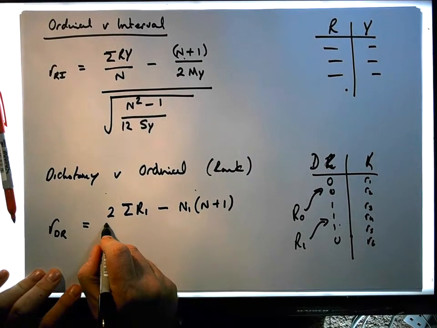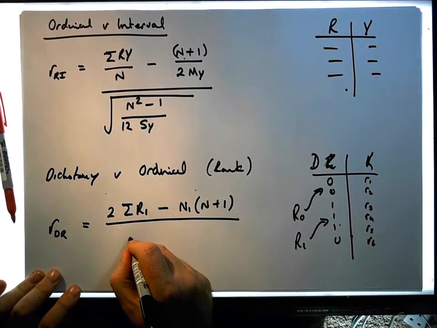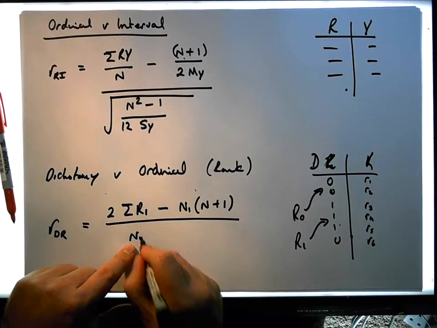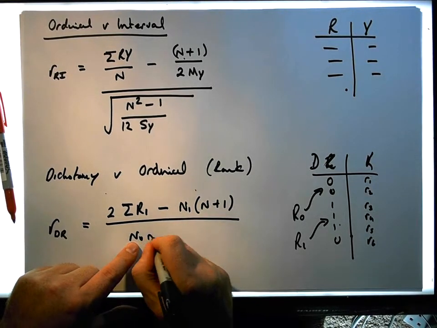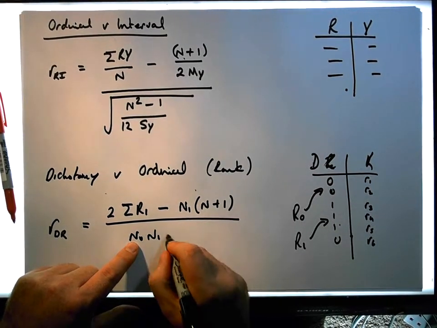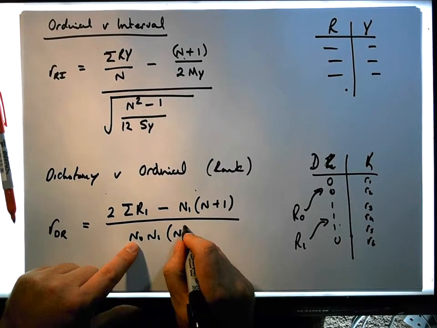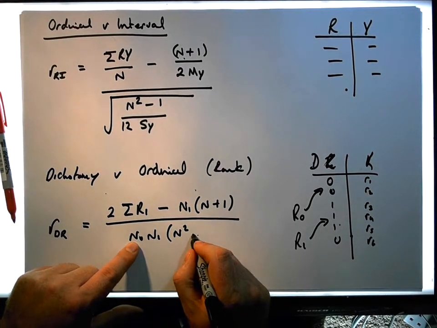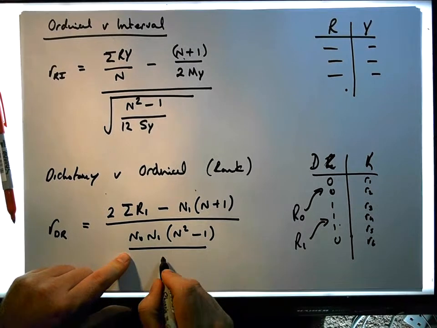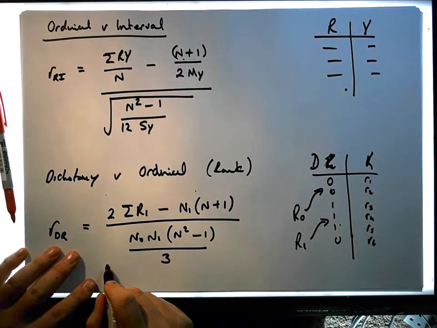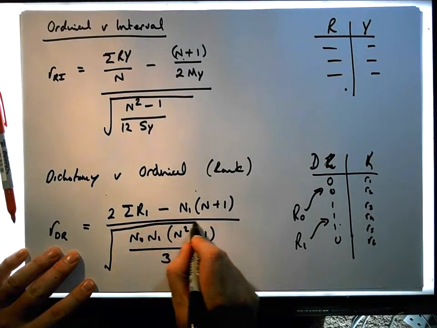And that's divided by the product of the number of observations in the dichotomy labeled 0 times the number of observations in the dichotomy labeled 1 times the total number of paired observations minus 1, divided by 3. And it's the square root of that particular value.